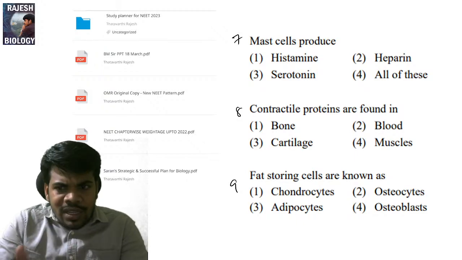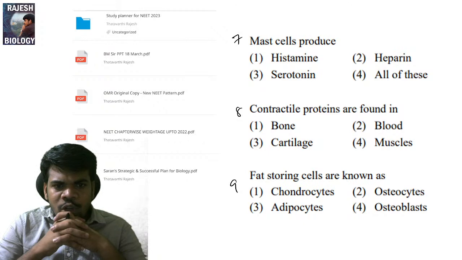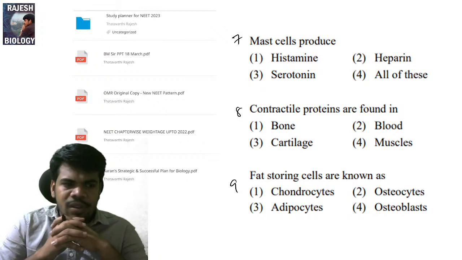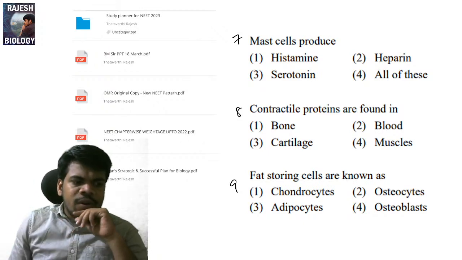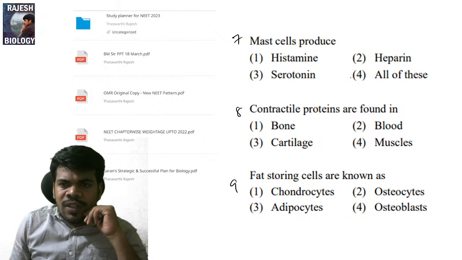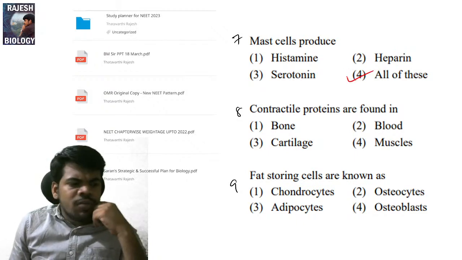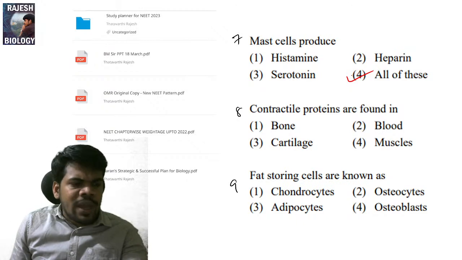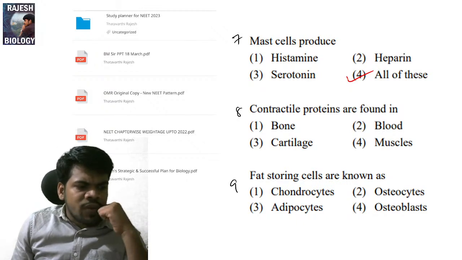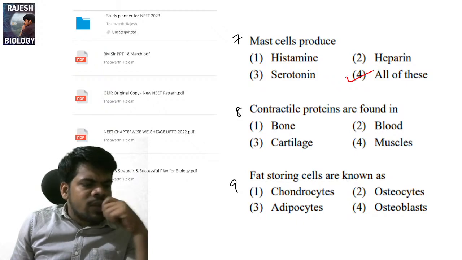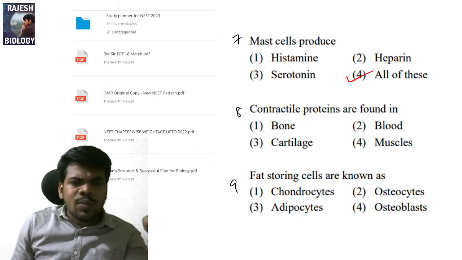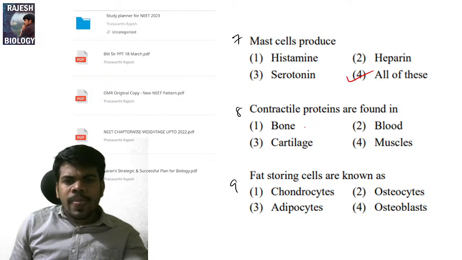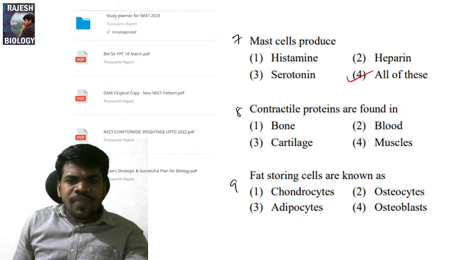Yes, very good, Jnaneshwari. All of these. Mast cells secrete histamine, heparin, and serotonin also. Perfect, correct. Now, come to the eighth question.